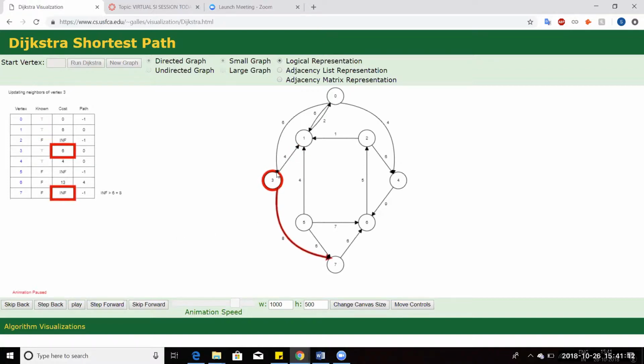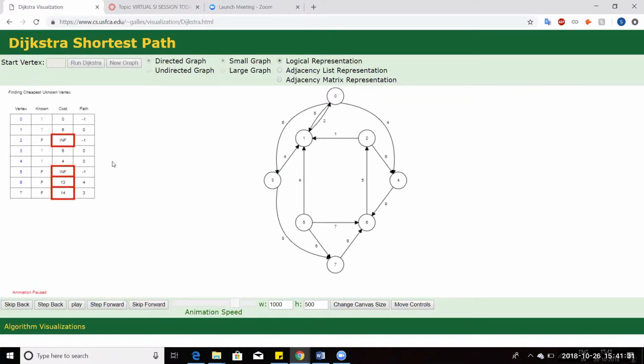And since 3 is letting me go to node 7 at the cost of 8, I'll update it to 8 plus 6 equal to 14, because if I need to go to 7, I'll go from 0 to 3, which is costing me 6, and then 3 to 7, which is costing me 8. So the total is 14.